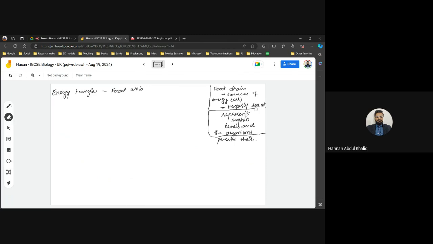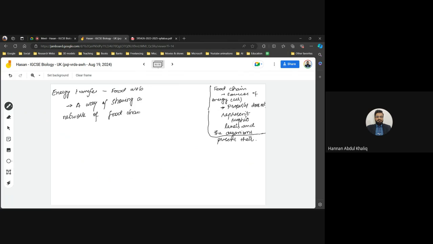Now we are going to talk about a food web. It is not that much of a difficult thing. It basically is a way of showing a network of food chains.